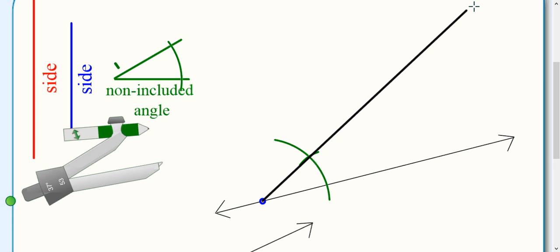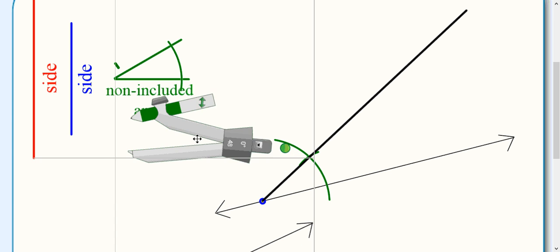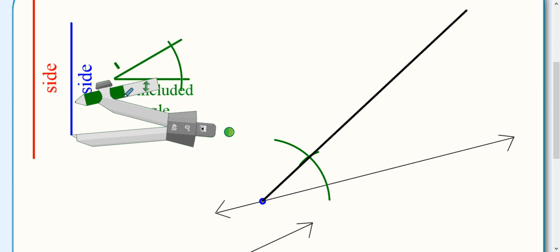So there's our angle. Now we're going to copy the two sides. I will do the blue side first.